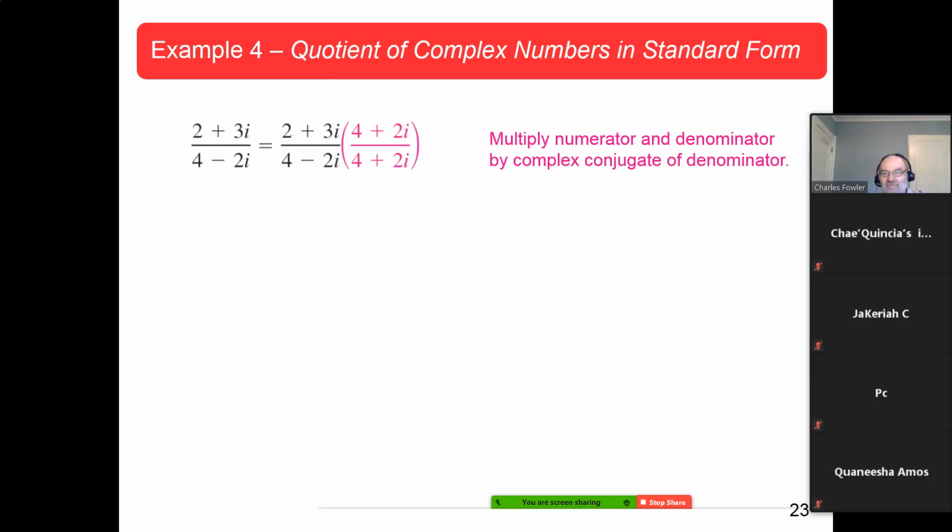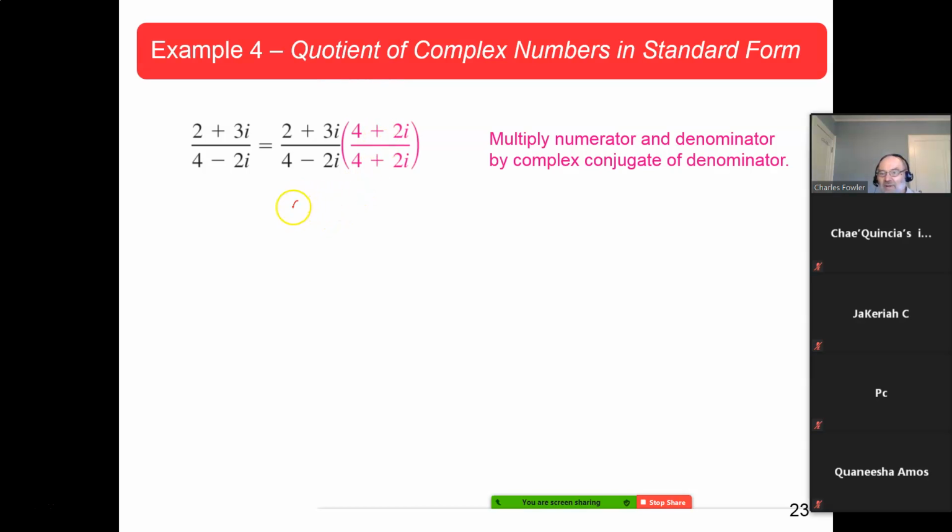That leads to example 4. 2 plus 3i divided by 4 minus 2i. Well, we can't divide by an imaginary number. You just can't do it. So make that denominator real by multiplying by its complex conjugate. But if you multiply the denominator by that, you got to multiply the numerator by that.